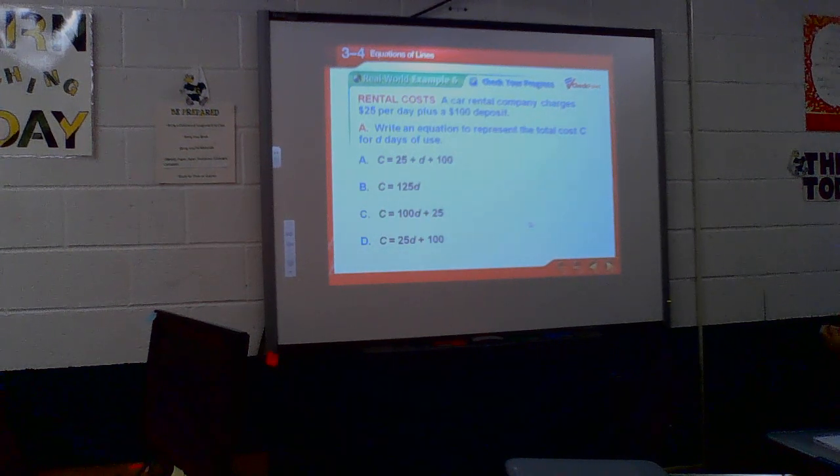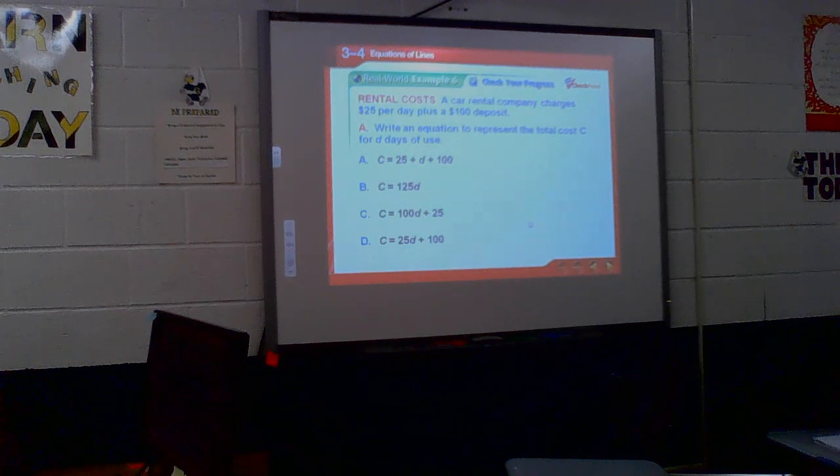Yeah, and so my slope would actually be a 25, right? And I'm going to have 25x or 25D in this case, because I want to know how many days it's going to be that I rent my car, and I charge $25 every day, plus that $100 no matter what. So if I have it 1 day, or if I have it 6 days, I always have to pay that $100.